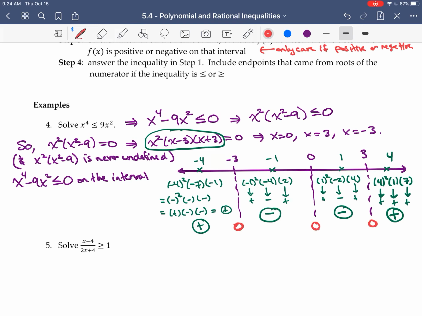Okay, so they're not undefined, they're equal to 0. So they're going to be included in the interval. So we actually could just say on the interval from negative 3 to 3, including the endpoints. Okay, we don't have to split at 0 because it's negative on both sides and equals 0 at 0. So that would be our answer here.